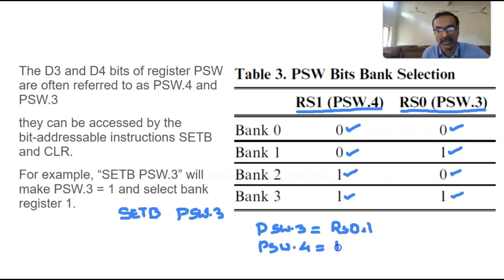We are not changing the value, that is RS1 is equal to 0. So RS1 will have 0 and RS0 will have value 1. So bank 1 will be selected.